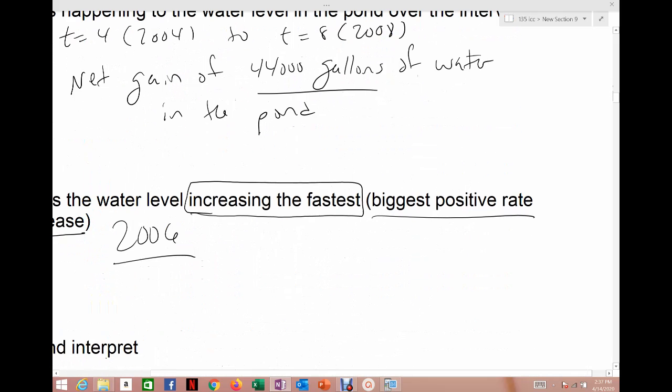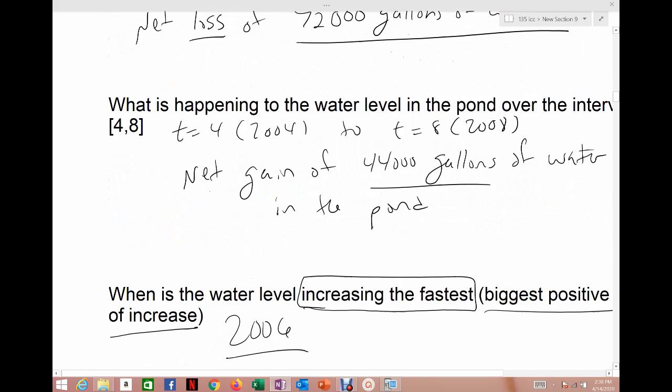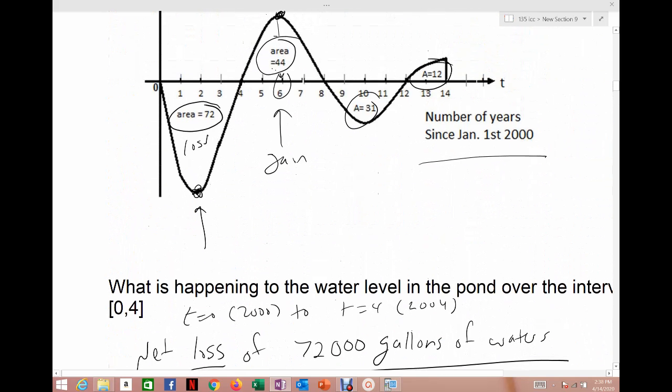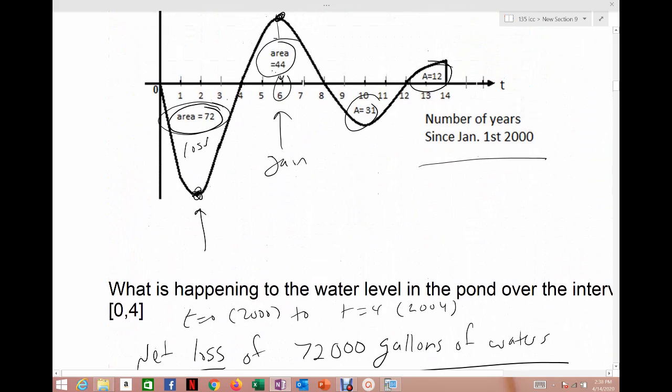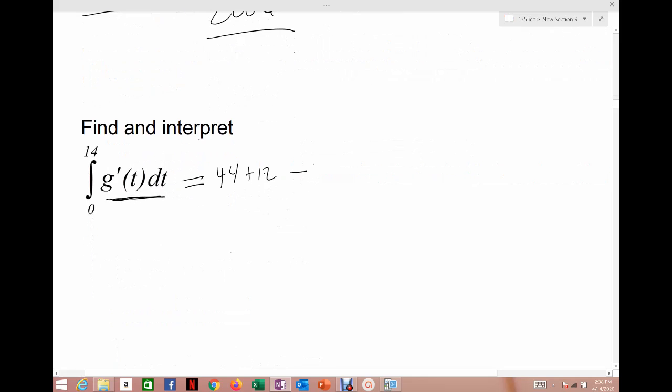All right, so we're going to add 44 and 12. And then subtract the areas below, which was 72 and 31. All right, so we subtract 72 and subtract 31. Add and subtract the areas accordingly, which comes out negative 47.